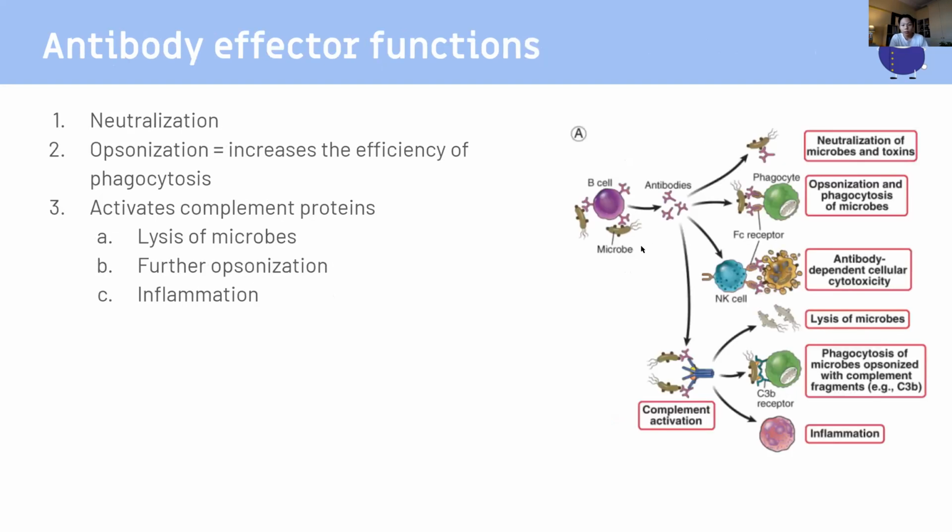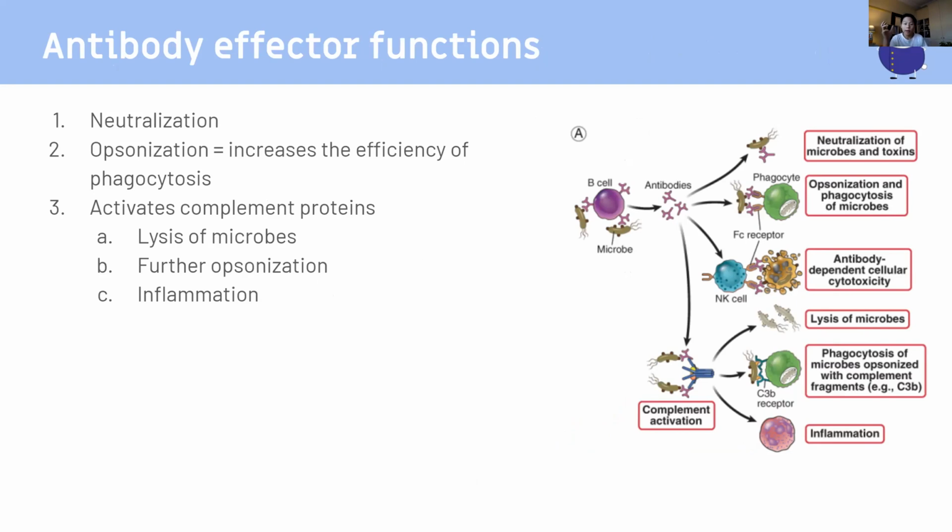Yeah. And also, to provide some more details on how antibodies actually work, you can think of them as having 3 main functions. Firstly, they help neutralize microbes and toxins. And secondly, they also help in the process of opsonization.